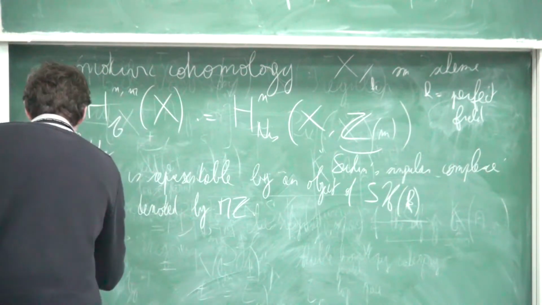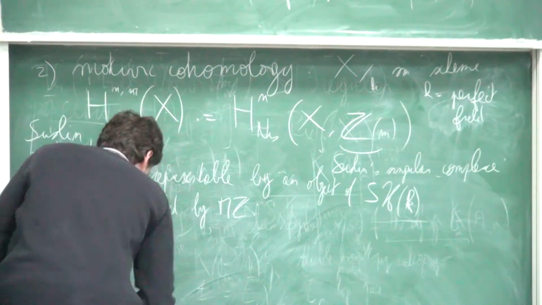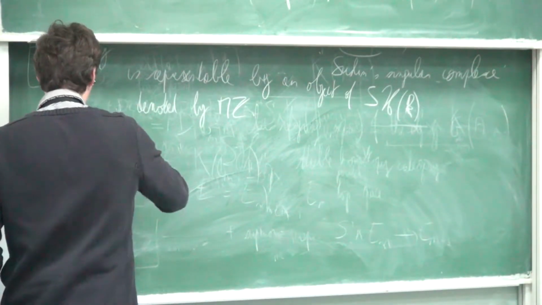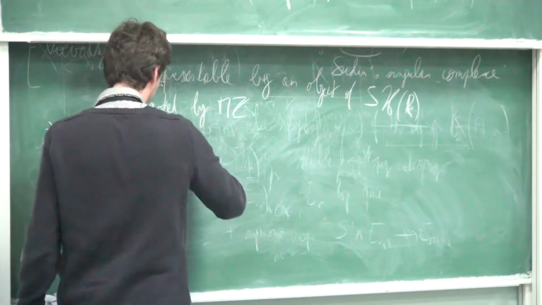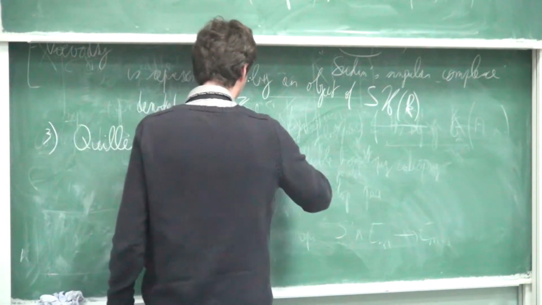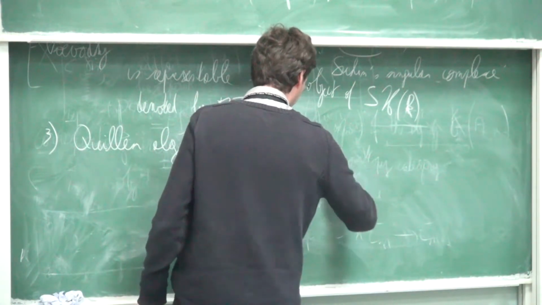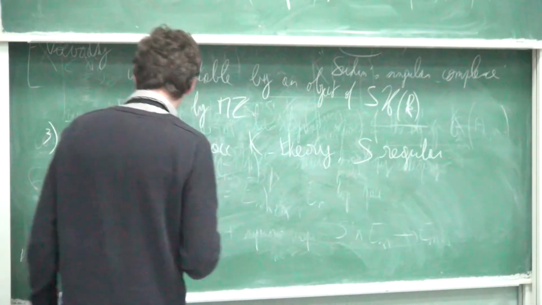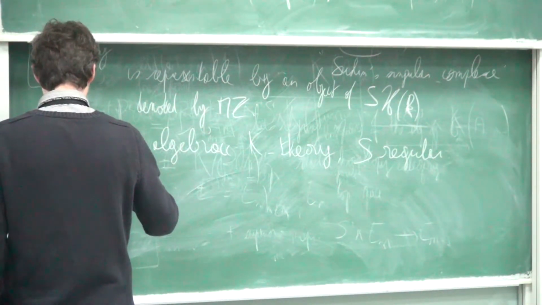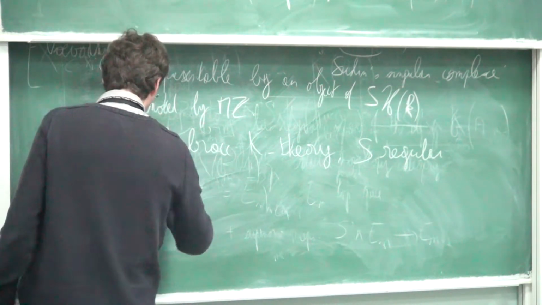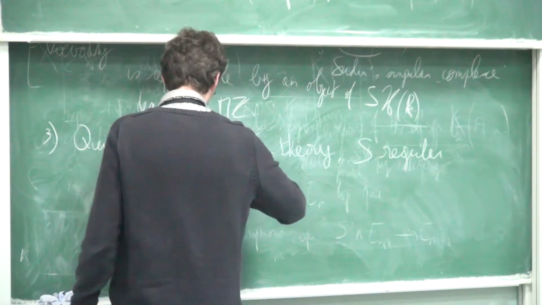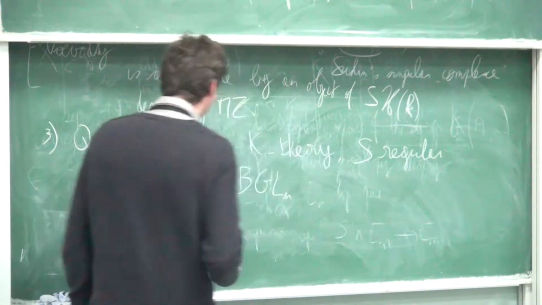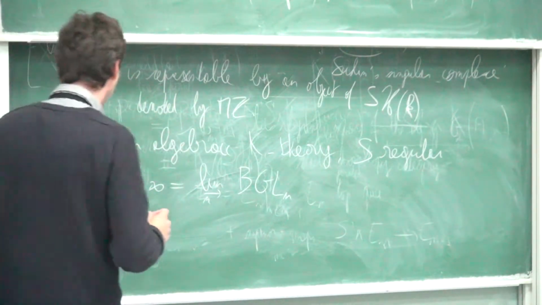Maybe another example is Quillen algebraic K-theory, at least when S is regular. So you have a classifying space, BGL infinity, which is a colimit over n of a classifying space of the general linear group GL_n.